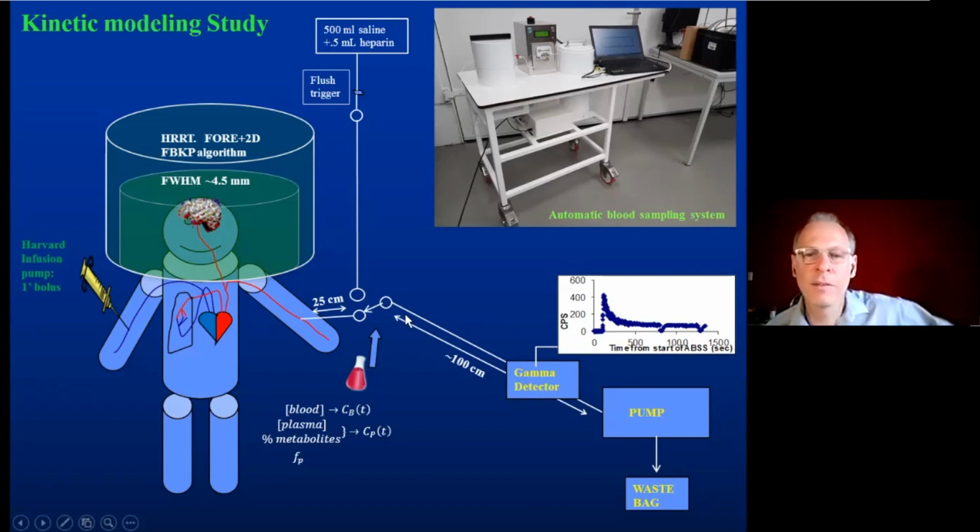However, this way to measure activity in blood is full of problems. One of the problems is that the blood needs to travel a lot to arrive at the detector. The other is that the blood is prone to clog the tubing or the lines through which it travels.